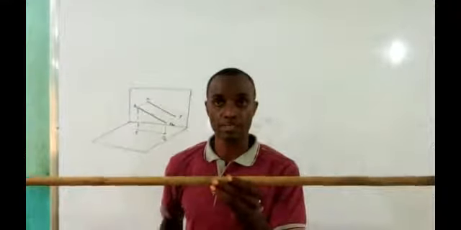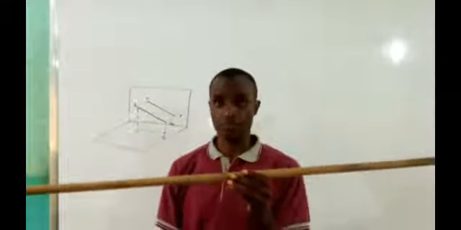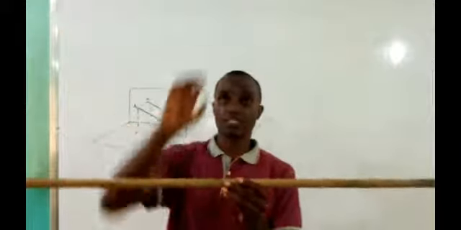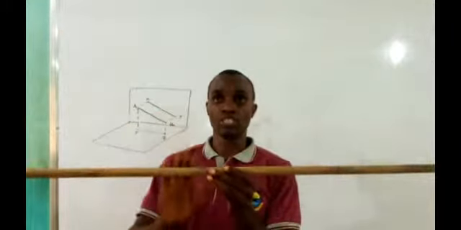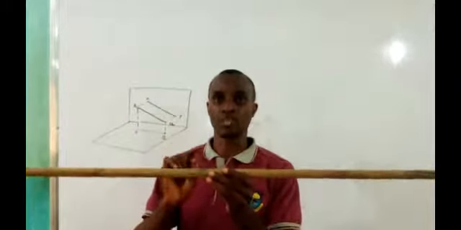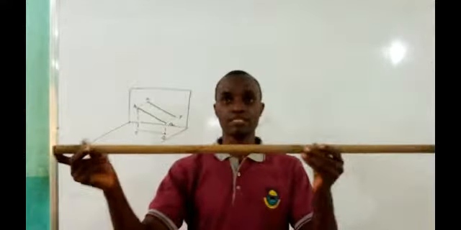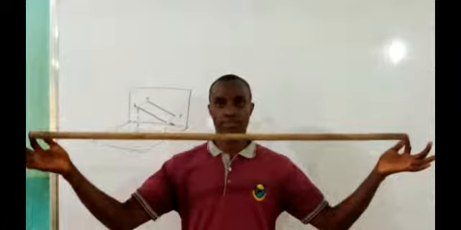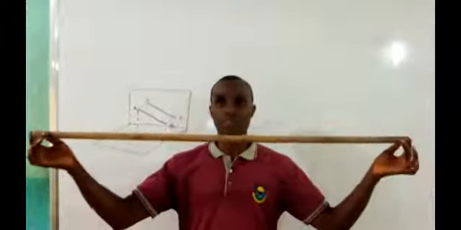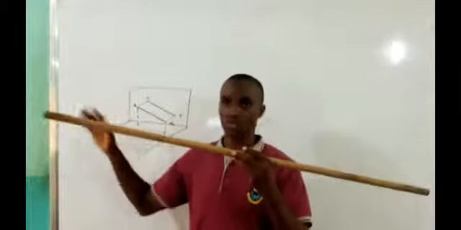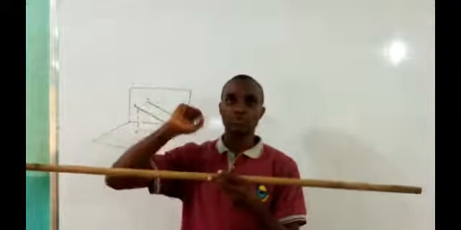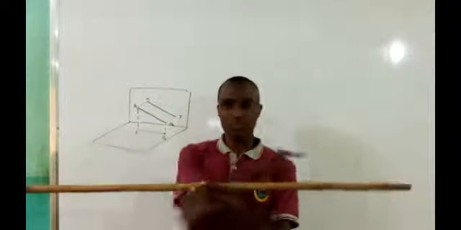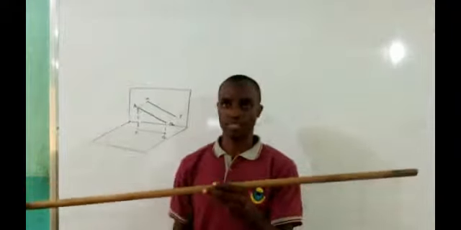Now, which of the faces will produce a shadow of this, and the length of the shadow will have the same length as this stick? That is what they mean by true length. The image of this, when cast on any of the faces, will produce the same length as this one, not a false length.